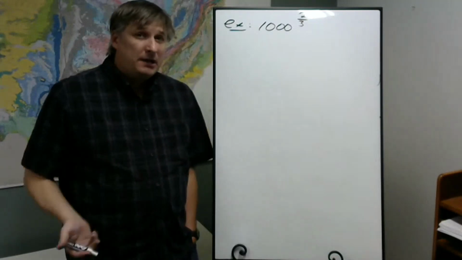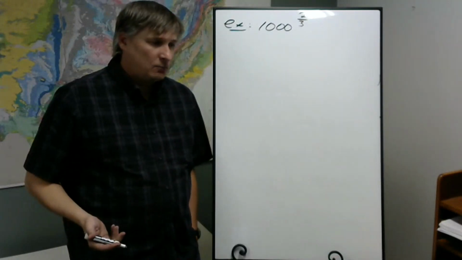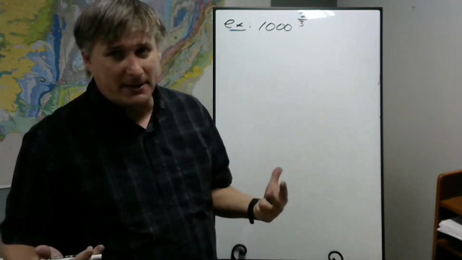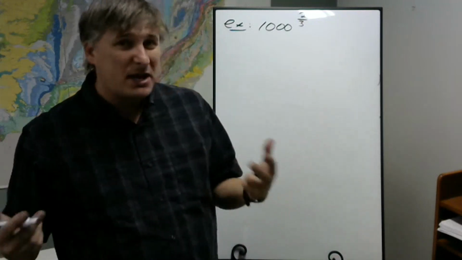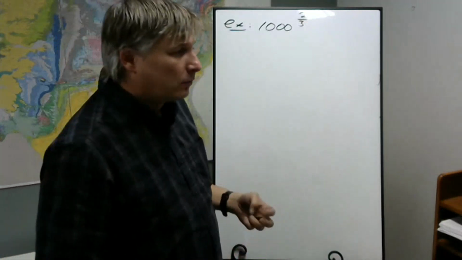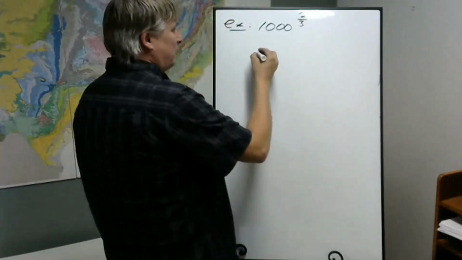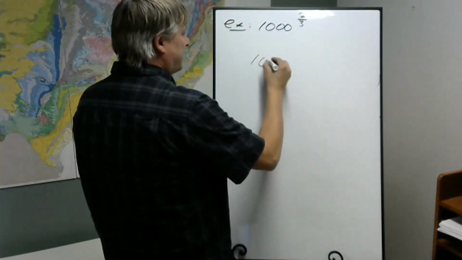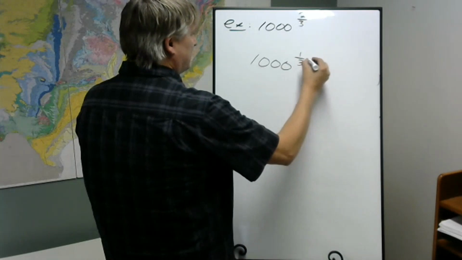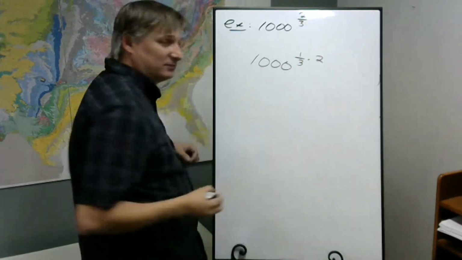Now, what do we do here? Now, what we've looked at so far is a to the 1 over n. But we've always had a 1 in the numerator. Well, now we don't. Well, there is a way we can kind of cause a 1 to be there. We can rewrite this as 1,000 to the 1/3 times 2.